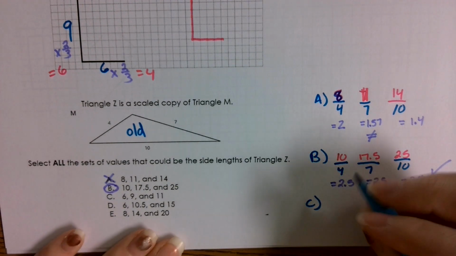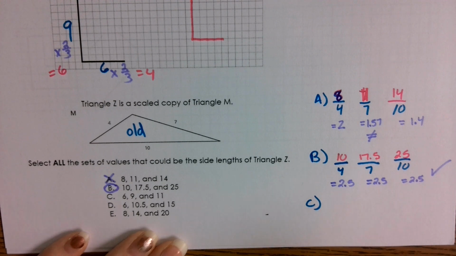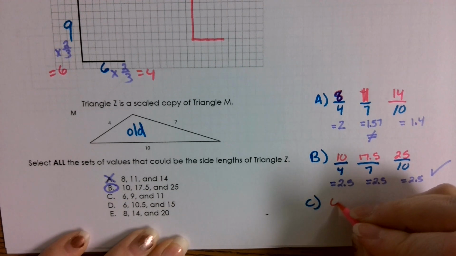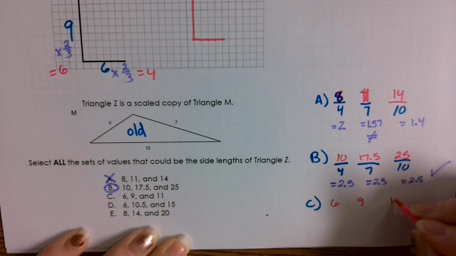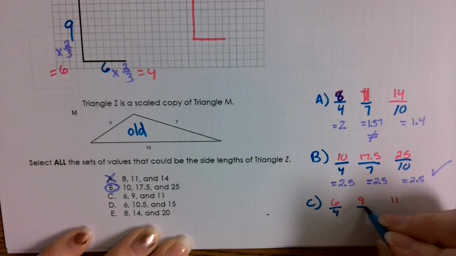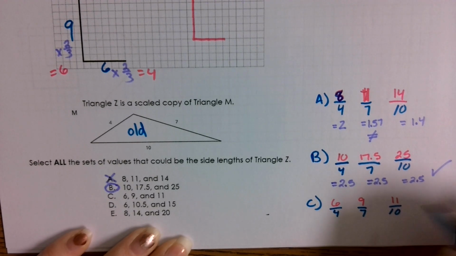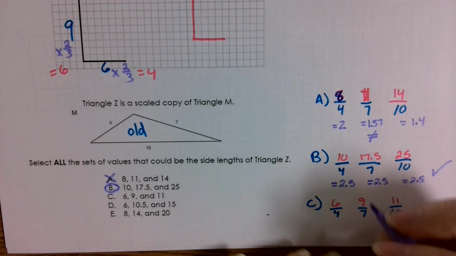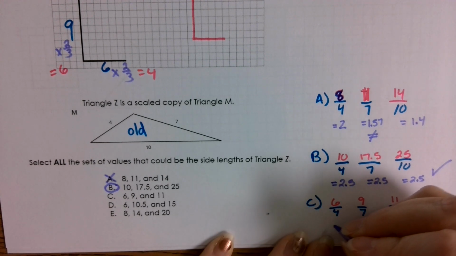All right, for here, our new values are 6, 9, and 11. Again, we're going to divide them by the olds, which were 4, 7, and 10. When we do 6 divided by 4, that's going to come out to 1.5.